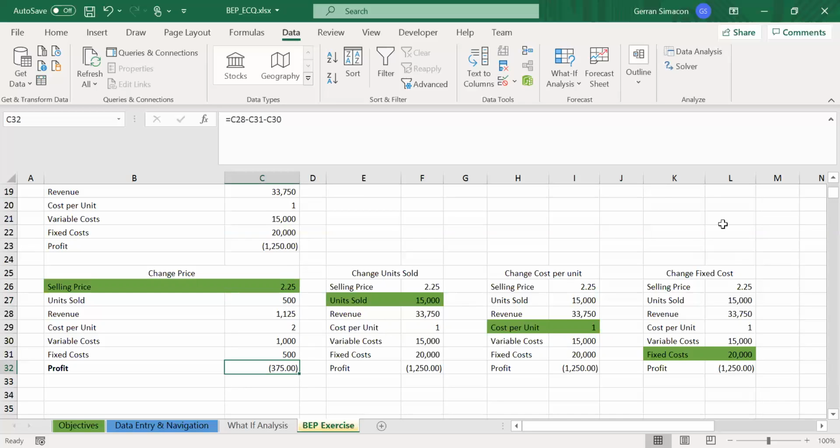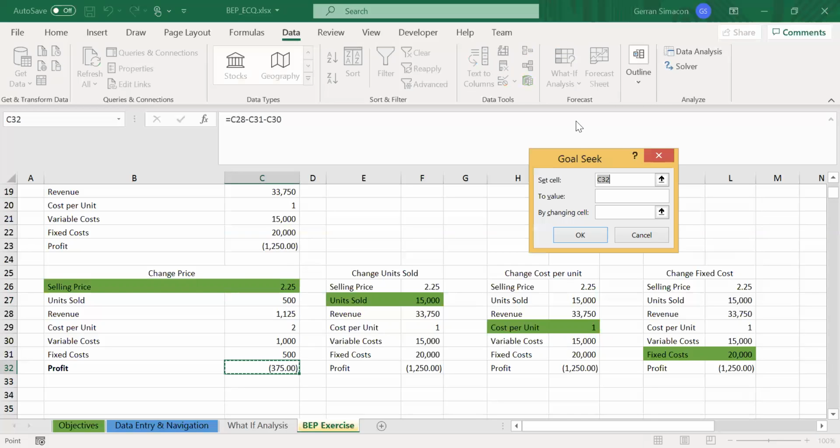Alright, so What-If Analysis, the Goal Seek feature. Let's set this cell to value 0 by changing the selling price. Don't forget to put the cursor in the corresponding cell by changing our selling price.